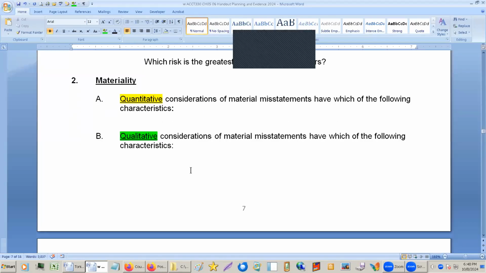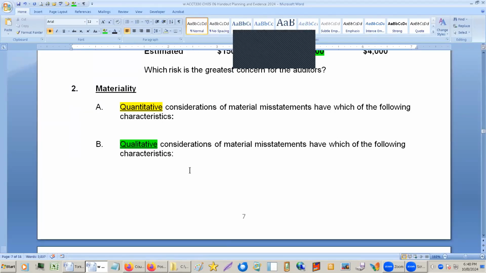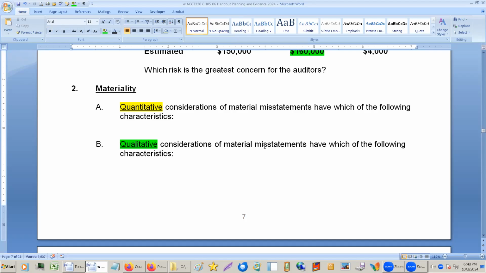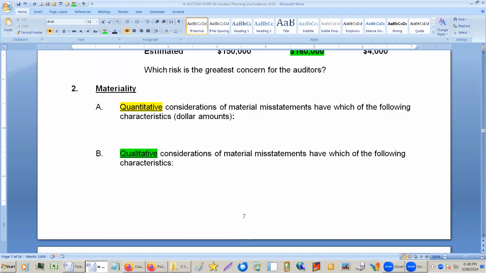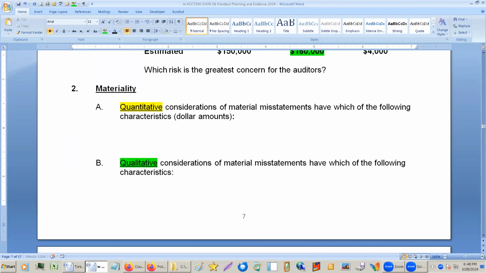Okay. Materiality. When we think about materiality, the one that we usually think about is the dollar amounts. So materiality, these are purely dollar amounts.